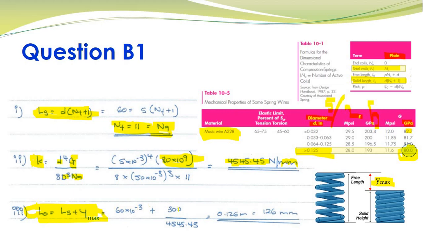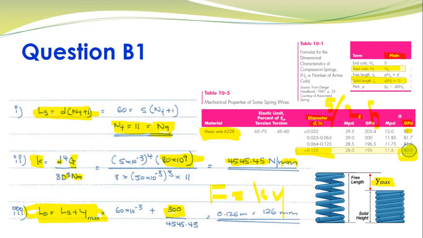Students make a lot of mistakes over here, so what I normally do is convert everything into SI units, that is, meters. 60 mm to meters: you can do 60 divided by 1000, or 60 times 10 to the power of -3, plus. Now I'm using a force of 300, and you know that your force is equal to Ky.